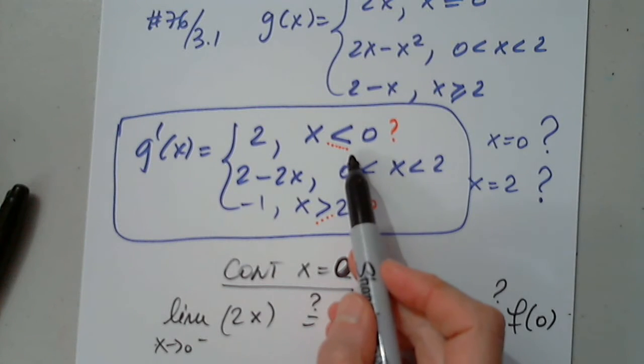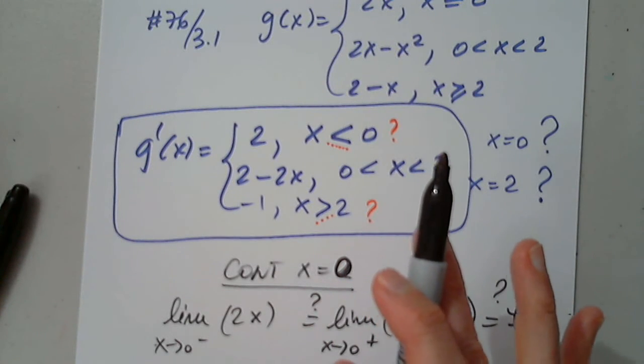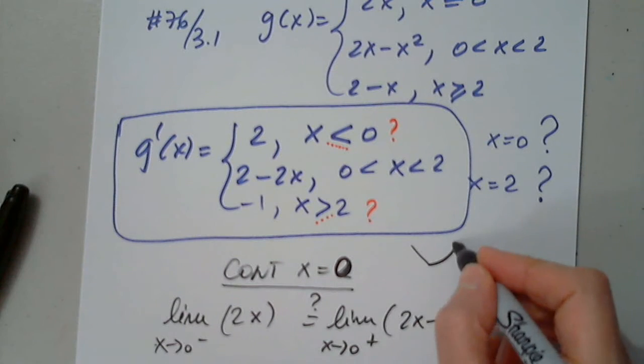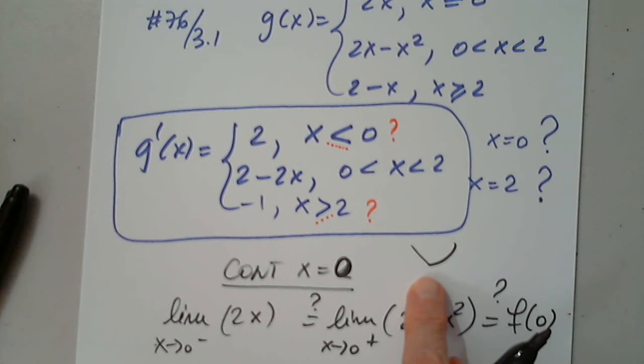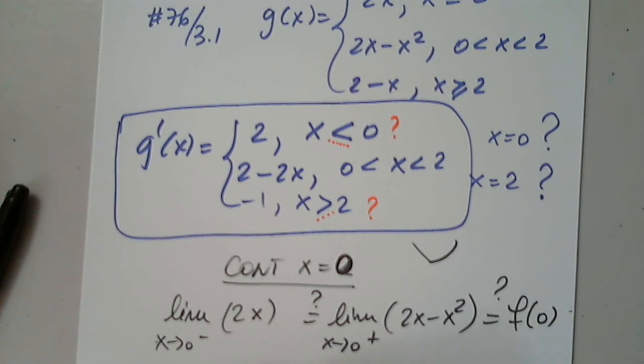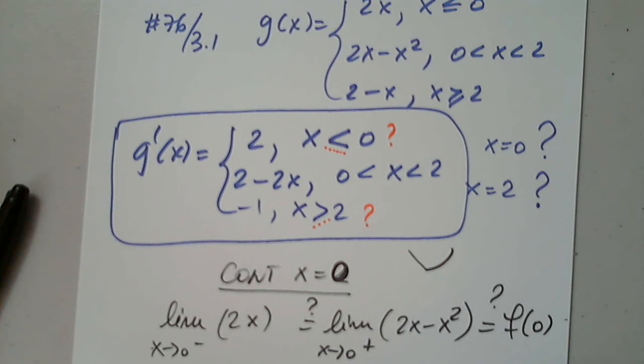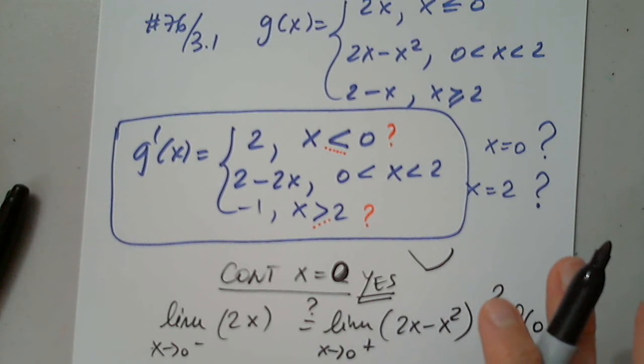But I still don't know if it's differentiable yet, because we know a function can be continuous at a point but not differentiable. It's a cusp or a corner. So this is 0, this is 0, f of 0 is 0. So yes, it's continuous, but I still don't know if it's differentiable.